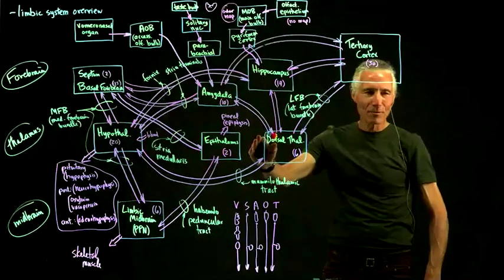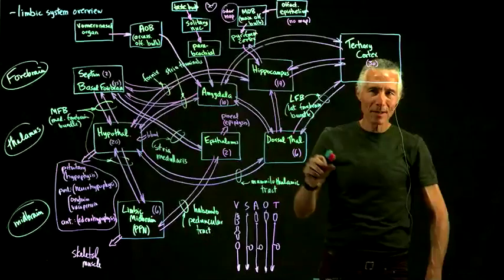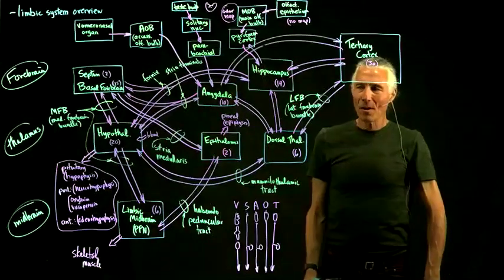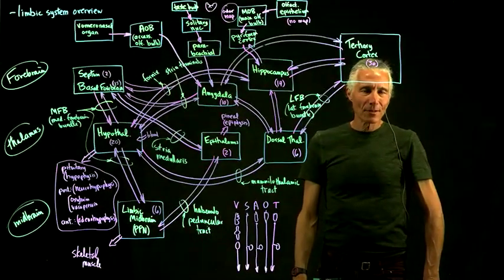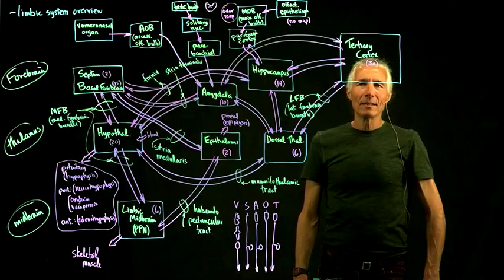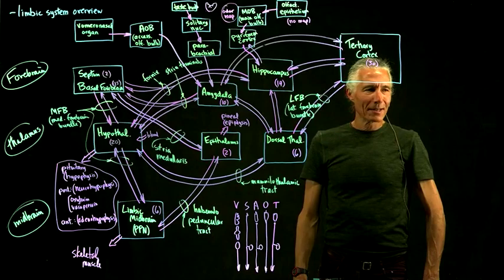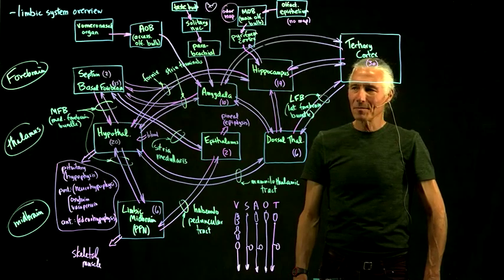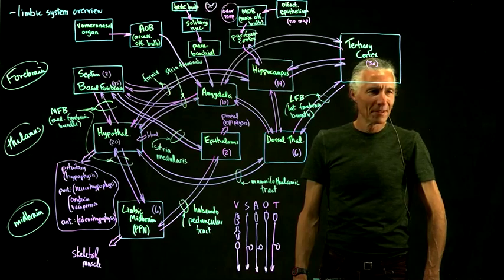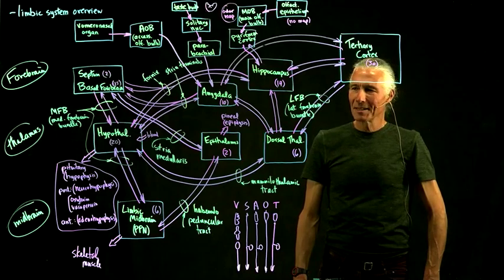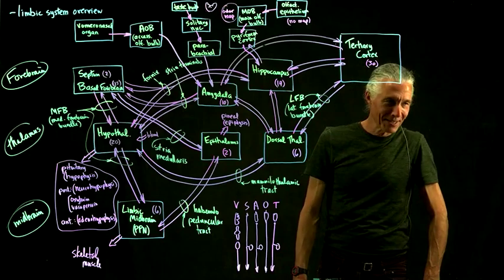I will not ask you to reproduce this on a test, but I just want to lay out all the main actors that we know are involved in all these things. And you can see there's a lot of connections between different parts of it. So, stunned silence as usual. That's all okay.